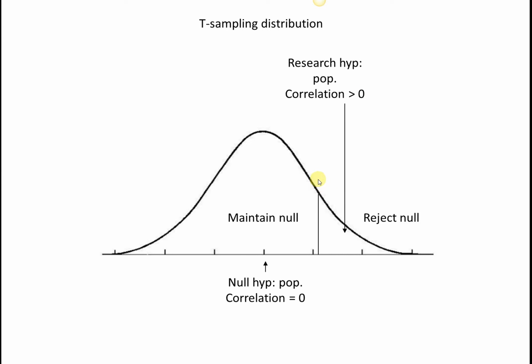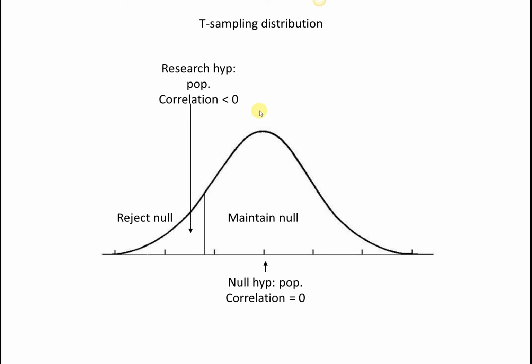In this case, we would be testing in the upper tail of this T distribution. We would reject the null hypothesis if the correlation we observe in our sample data puts us up here. If it puts us anywhere from this point on down, then we would maintain the null hypothesis.